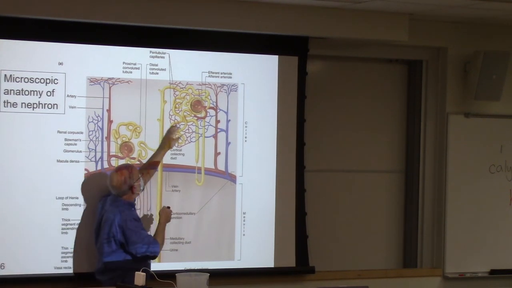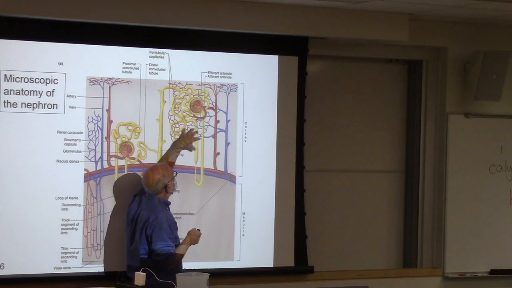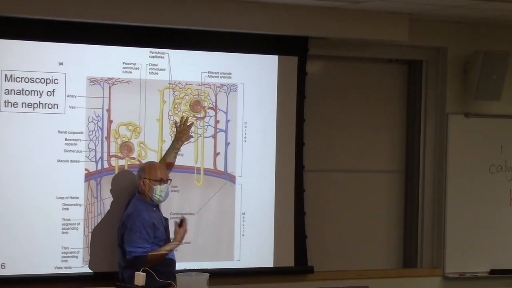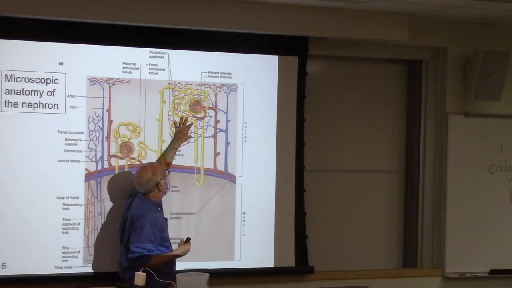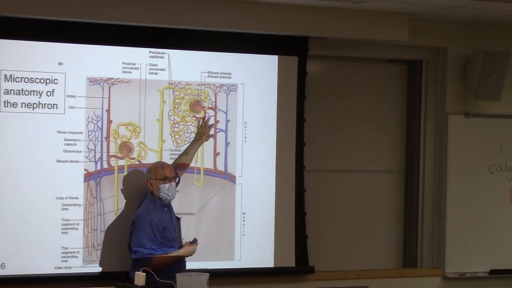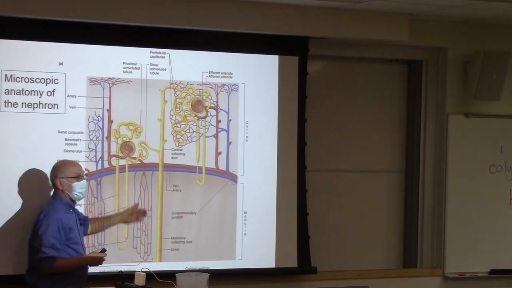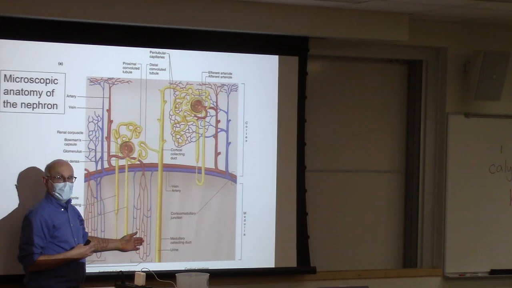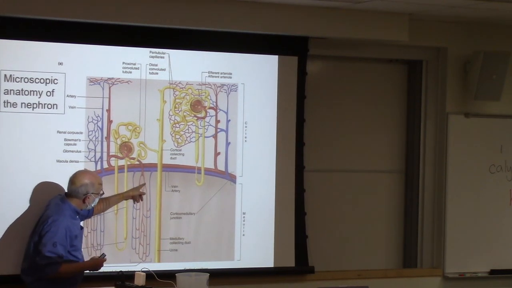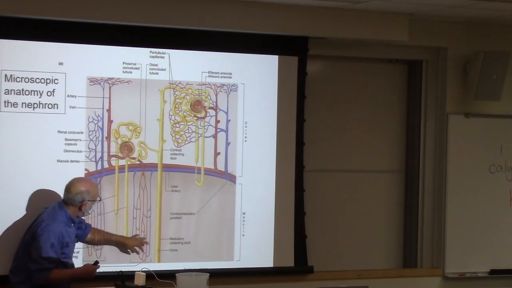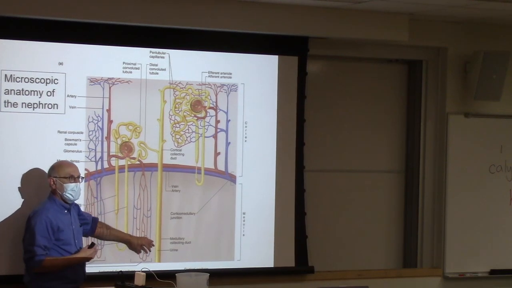And now we have arterial blood becoming deoxygenated, etc., and becoming venous blood. Here is another set of capillaries where the arterial blood goes deep into the medulla and then forms a capillary bed.